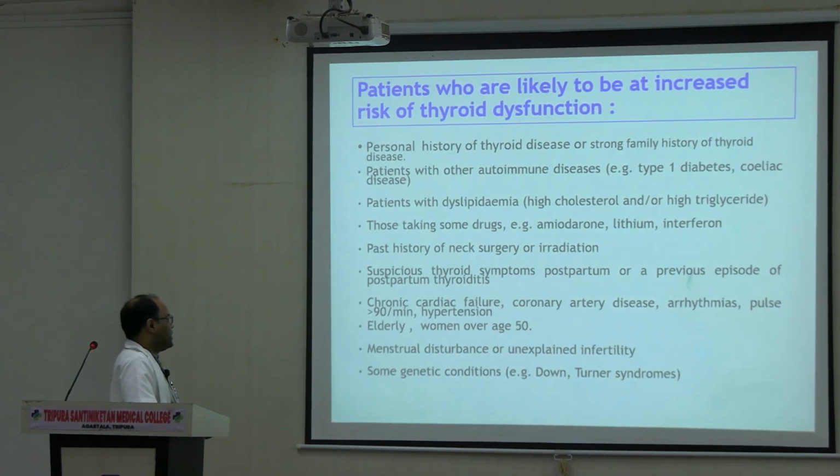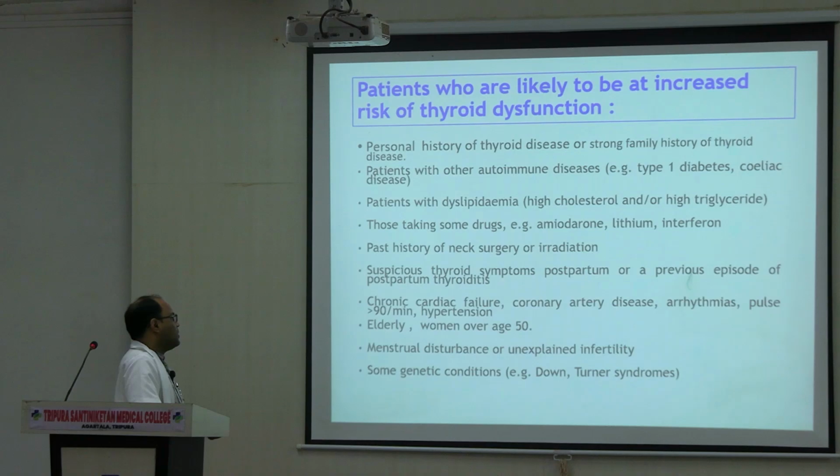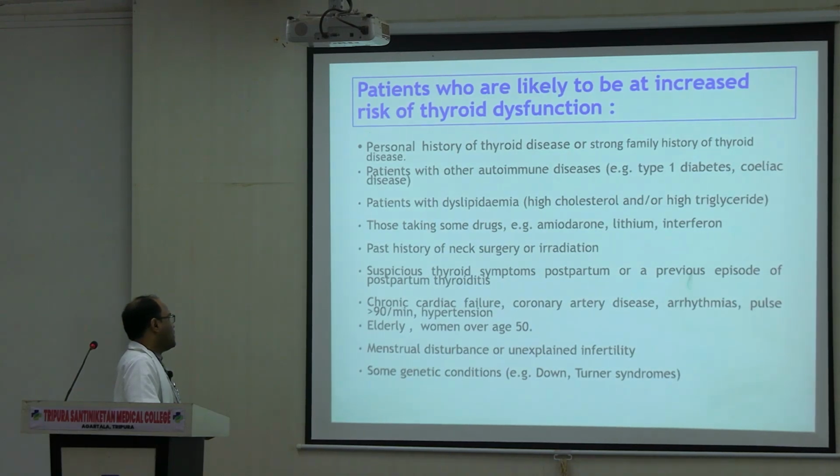Past history of neck surgery or radiation. Suspicious thyroid symptoms, like a previous episode of postpartum thyroiditis, chronic cardiac failure, coronary artery disease, elderly women more than 50 years old, menstrual disturbance, and some genetic conditions like Down syndrome.